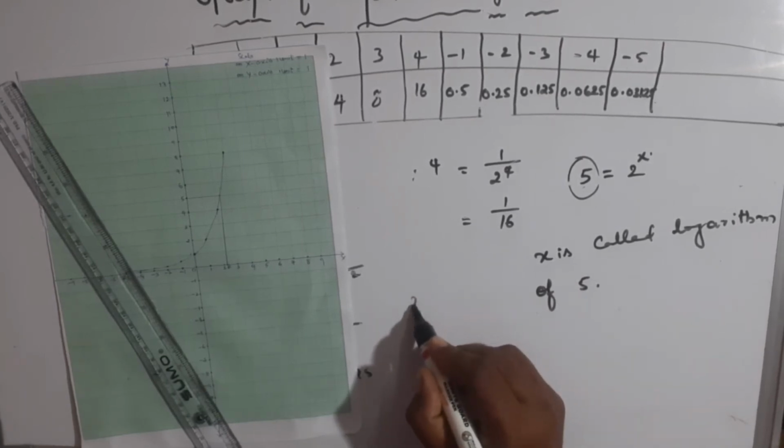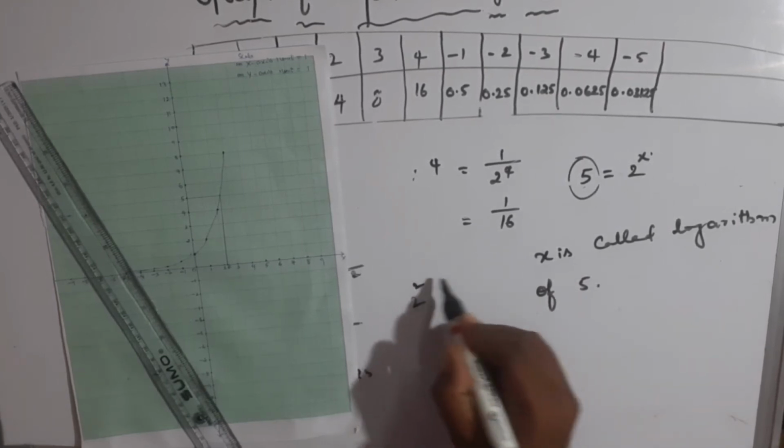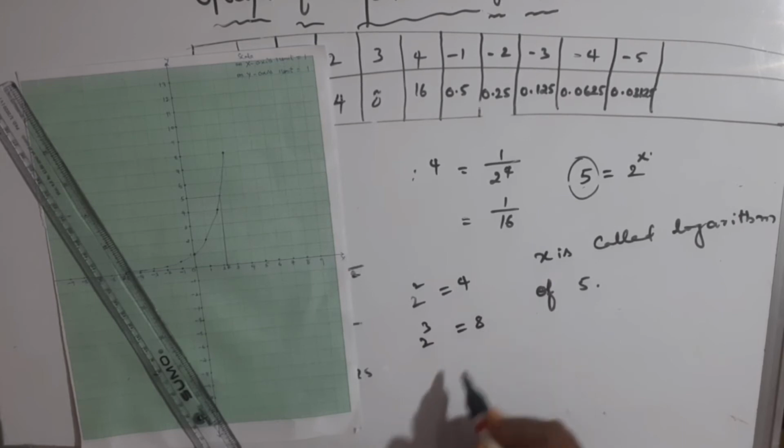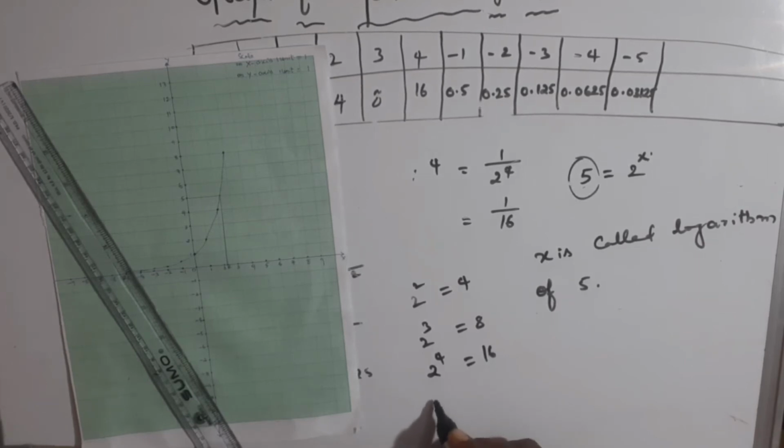When 2 is raised to the power 2, it becomes 4. When 2 is raised to the power 3, it becomes 8. When 2 is raised to the power 4, it becomes 16. Similarly, 2 to the power of x equals 32. For what value of x does 2 become 32?